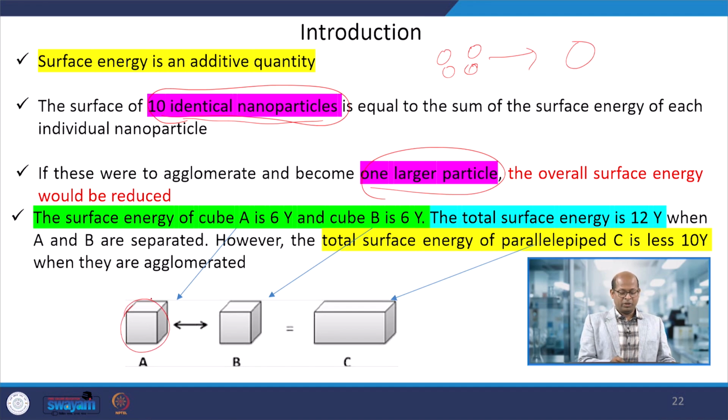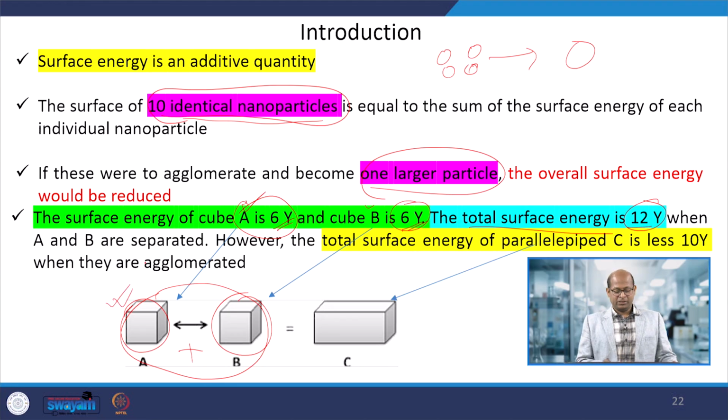Let's say cube A has surface energy 6y, and another cube B also has surface energy 6y. When we add them, the total surface energy would be 12y. But when these nanoforms are combined into a bulk material, the total surface energy of this particle C, whose shape is a parallelepiped, would be 10y.